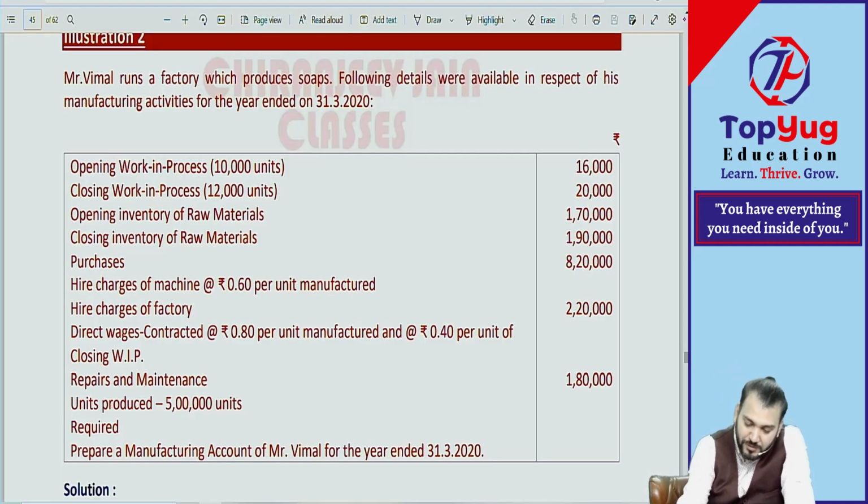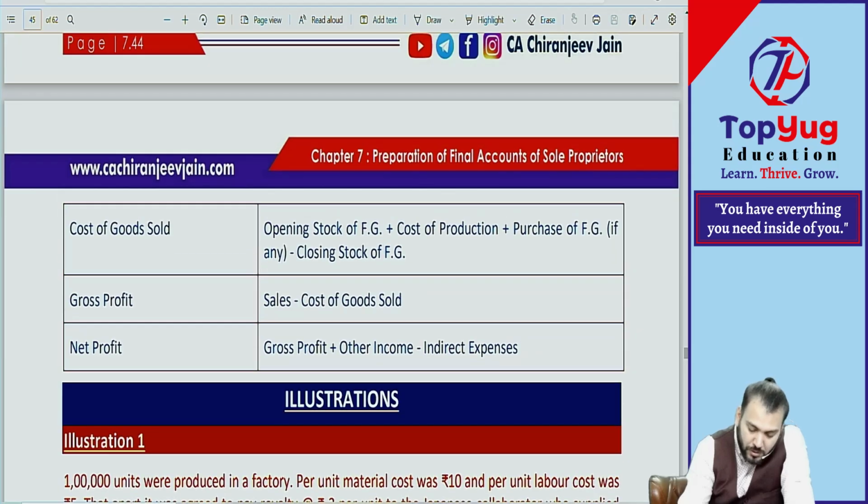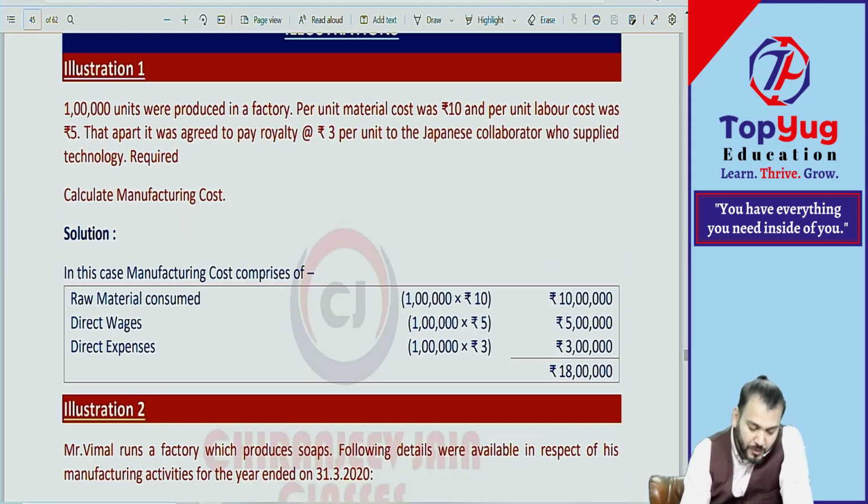One question we have done. Let me take one more question. Illustration number 1. 1 lakh units were produced in a factory. Per unit material cost was 10 and per unit labor cost was 5.